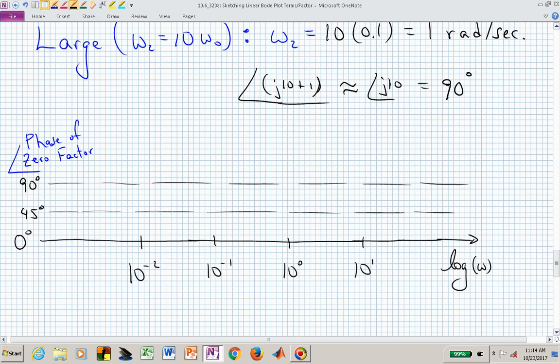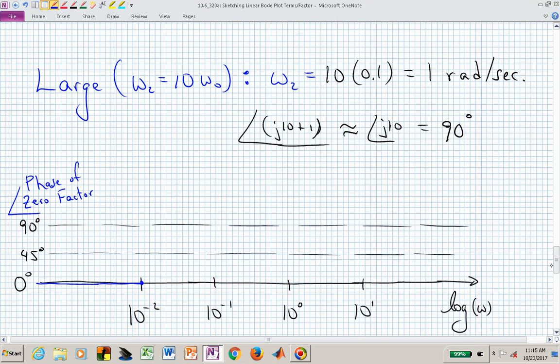We are saying that for small frequencies, 0.01 or less, we are going to have an angle of 0 degrees. For frequencies beyond a decade above the break, we are going to be at 90 degrees.